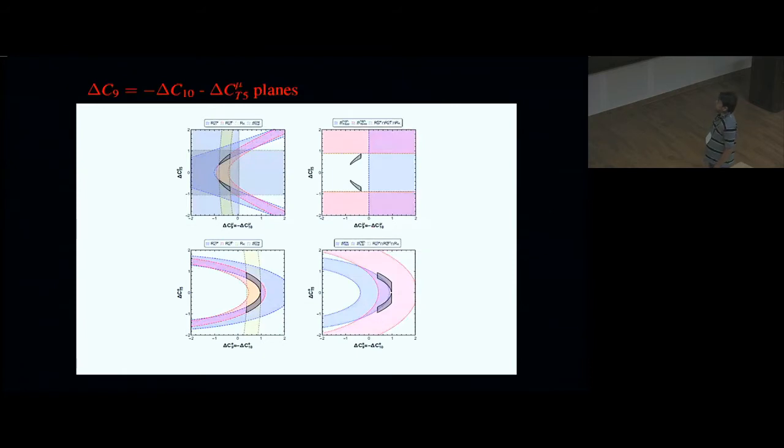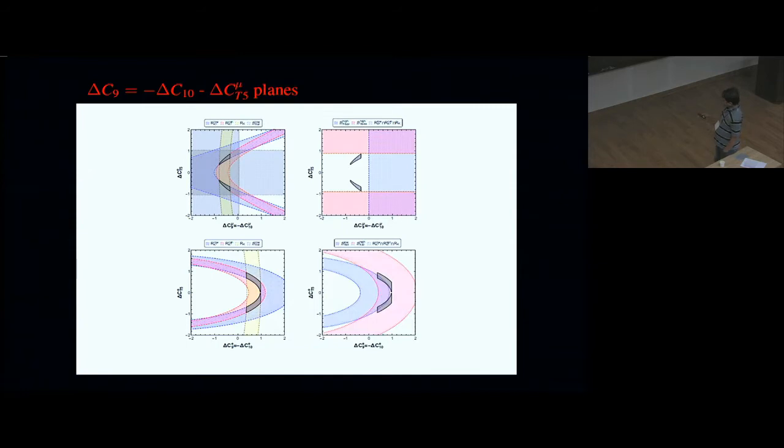Now we consider delta C9E equal to minus delta C10E, and the electron will be changed to muon, so there are four panels. You can see that the muon case is still in tension, whereas in the electron case there is some region which can explain all these anomalies.